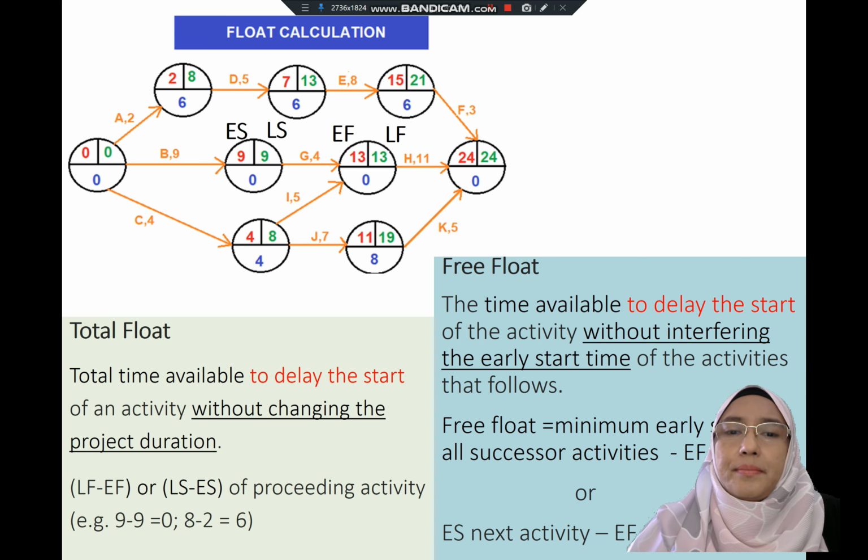But activity F can start as early as week 15. So although activity E can be delayed by 6 weeks, it would not delay the start of activity F, which is 15. So the latest that activity E can start is week 13 without delaying the start of activity F, which is 15.